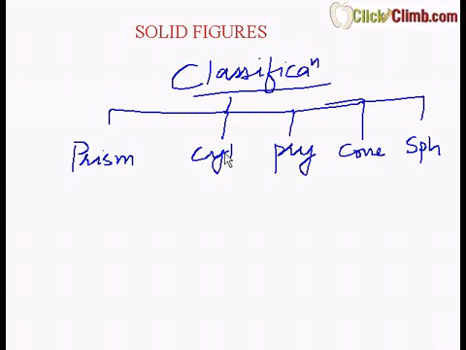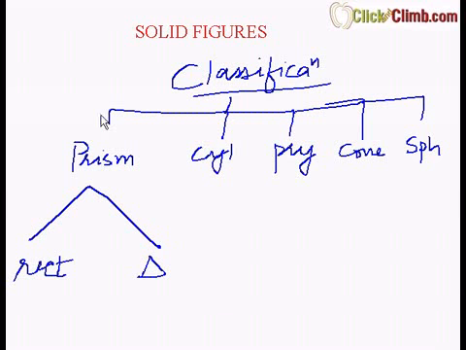All right, now this is the classification: prism, cylinders, pyramids, cones, and spheres. Now prism can also be classified into two types, that is rectangular prism and triangular prism. Now this is the basic classification of prism.